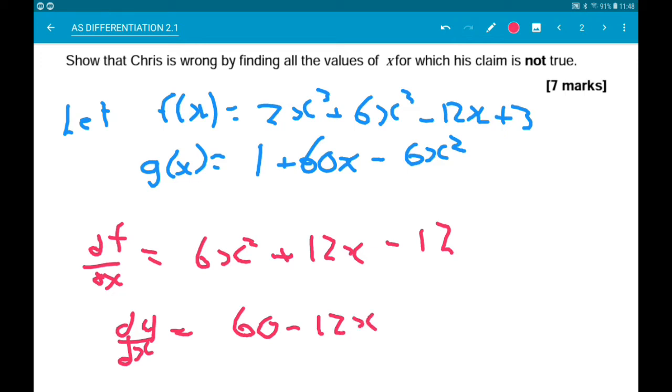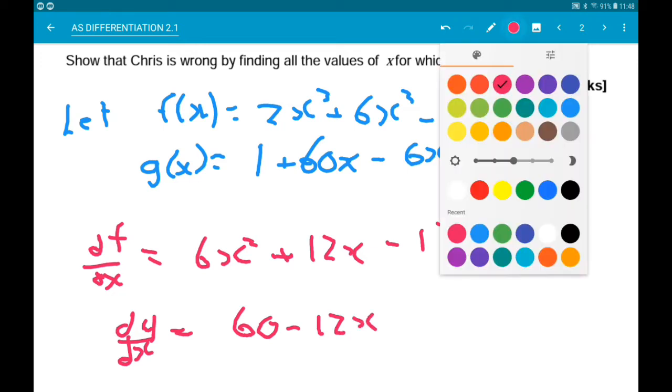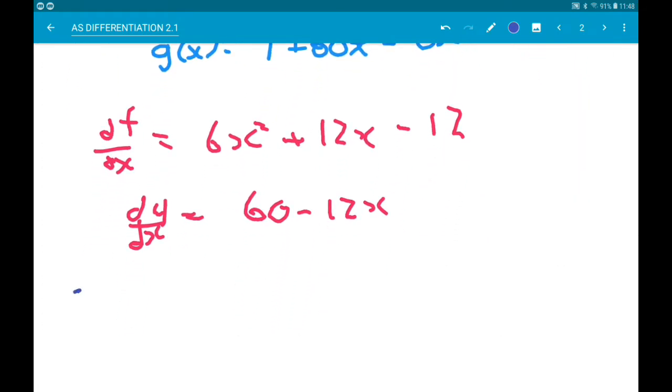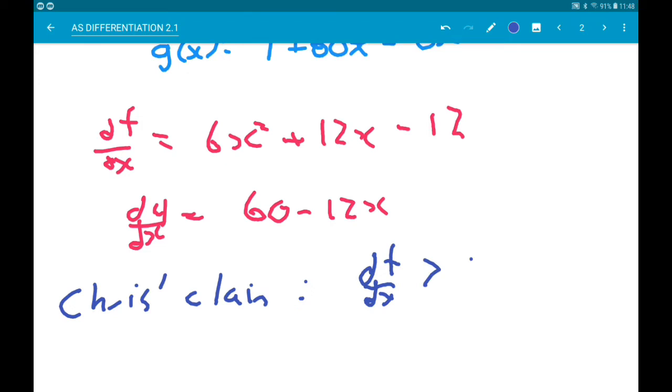Now, Chris is claiming that the gradient of f of x is always greater than the gradient of g of x. In terms of the derivatives, he is saying df by dx is greater than dg by dx.